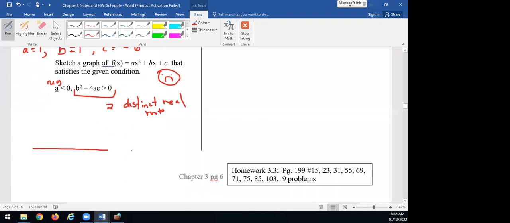So let's sketch a graph that satisfies those. All we want here is a graph that is flipped over the X and it cuts your X-axis twice. So any graph at all, you can basically draw it anyhow you want. That works.